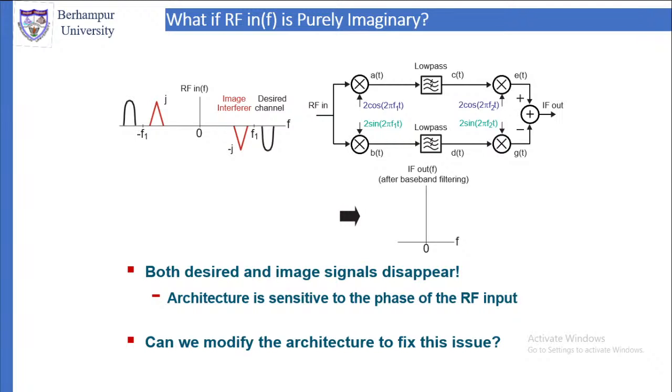In this case, both the desired and image signals will disappear using this circuit. So the architecture is sensitive to the phase of the RF input. Now the question is, can we modify this architecture to fix this issue of disappearing?